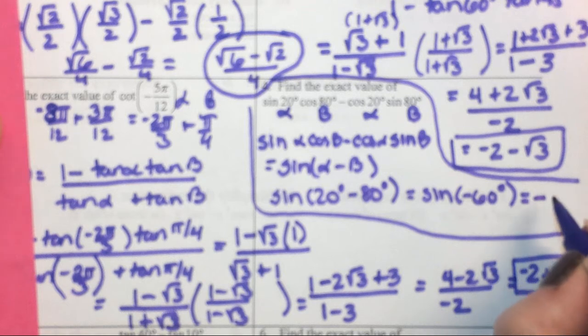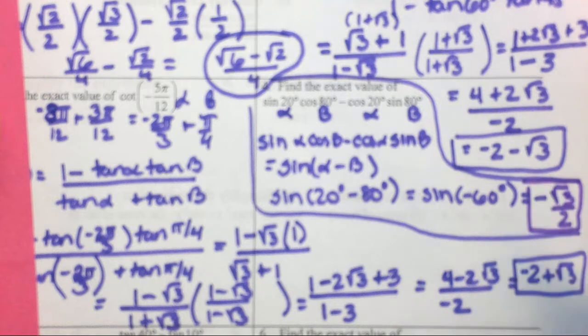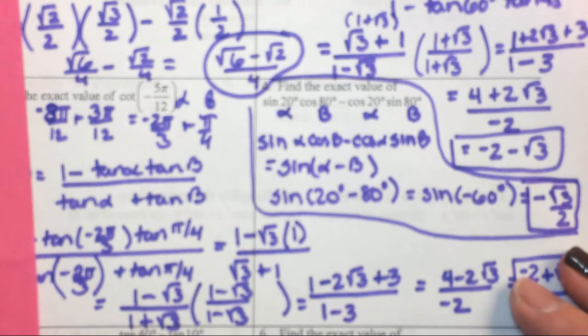It's going to be negative sine 60, which is negative square root 3 over 2. Like I said, I mentioned this the other day. Get reacquainted real fast with your new best friend, the unit circle, because you're going to need it. Okay? Any questions on that one?